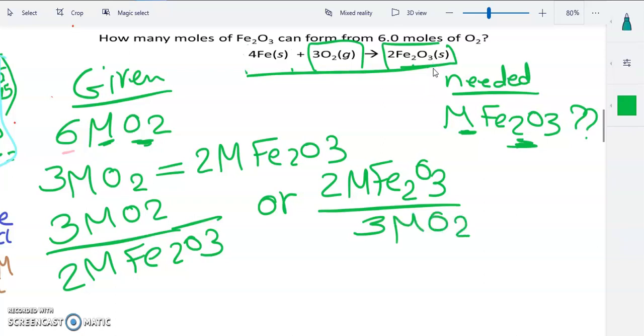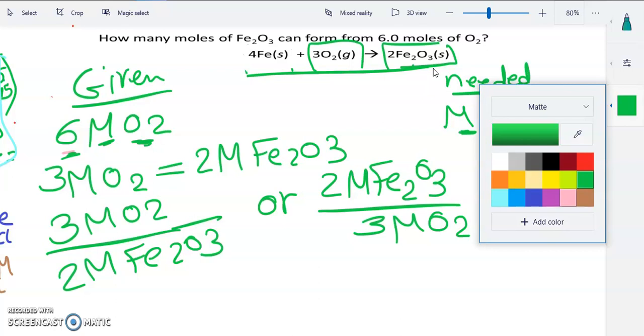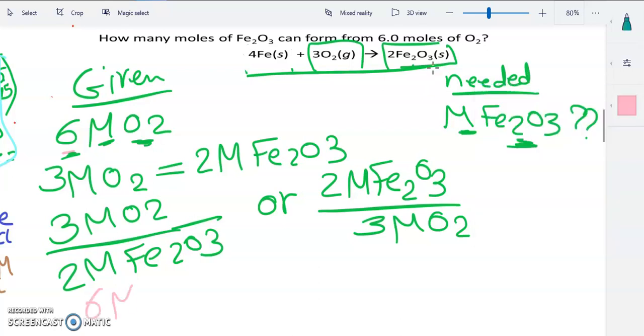And then we are ready to set up our equation, which has to start with 6 mole. This is my favorite color. So 6 mole O2 times conversion factor, and then the needed is mole Fe2O3.